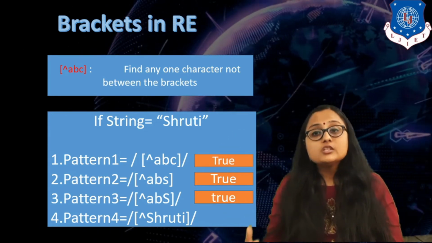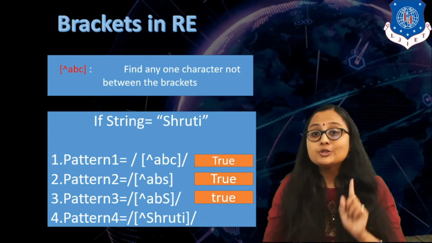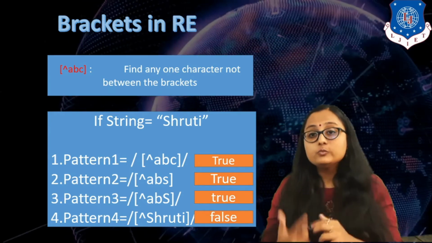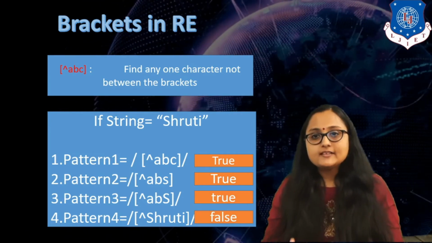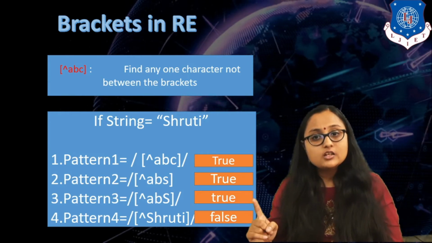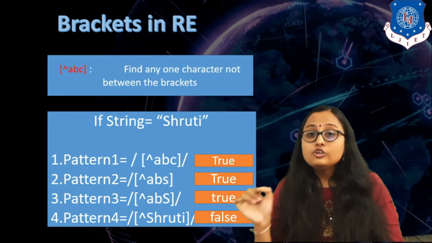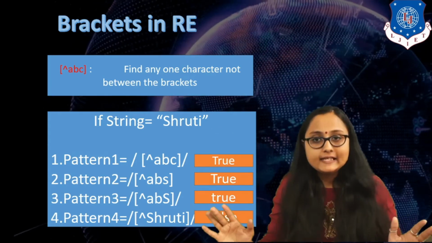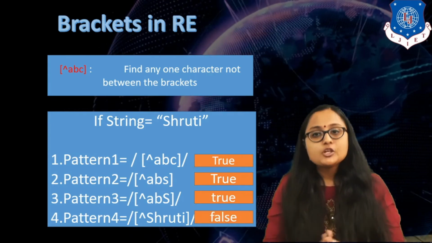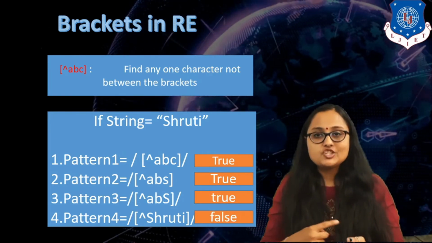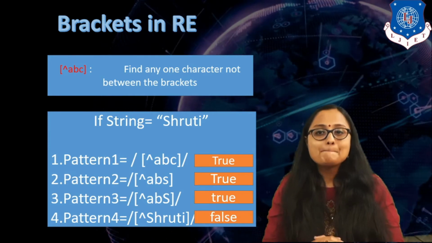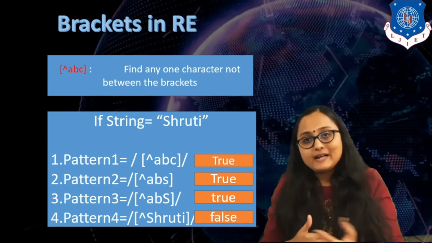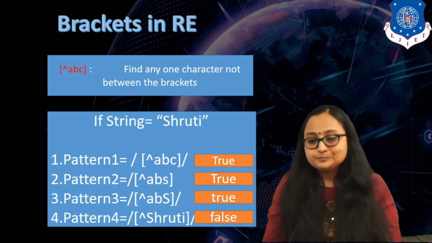So according to this pattern my string is not true but false, because if I call the test method, it will try to check whether there is minimum one character which is not inside the bracket but in your string, and I am not getting any such character. So they have a mismatch and the string is not valid according to the pattern. So I am getting false. So when you write caret inside the bracket, it indicates not.